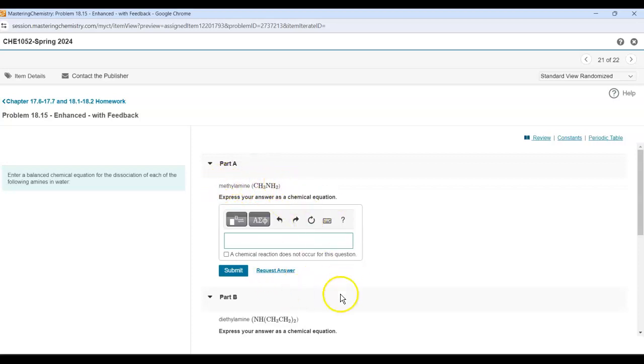These are the same ones that we discussed in the problem set, and I'll do one example on how to enter this equation into the field. So first, this is how you need to type and enter it in the system.